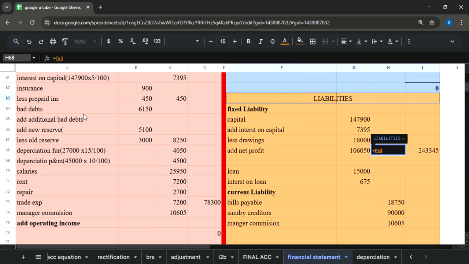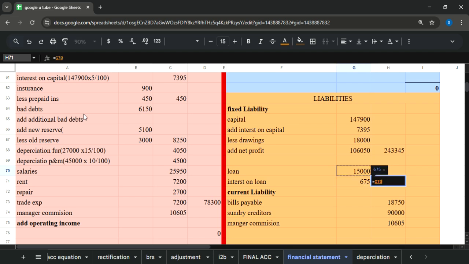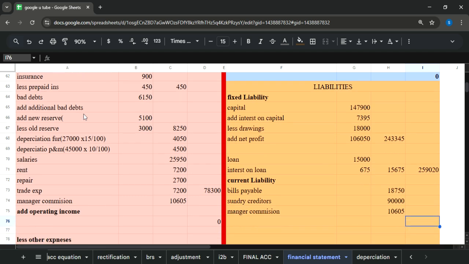Amount of capital plus interest on capital less drawings, then add net profit, 243345, after which we have loan as well. Amount of loan 15,000 plus interest on loan. So in this way, two elements related to fixed liability side, and we will add both to get total amount of fixed liabilities. After that, let's take sum of current liabilities.